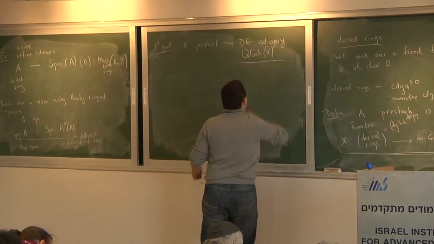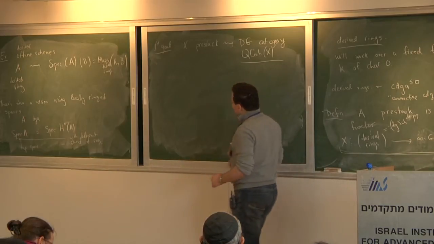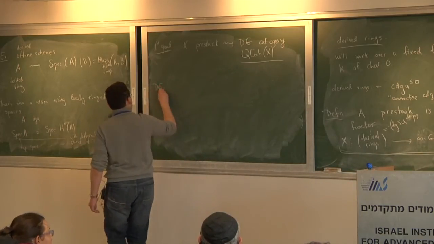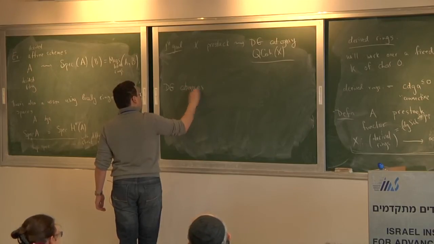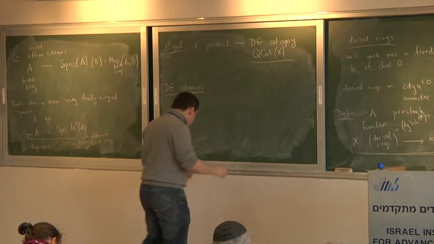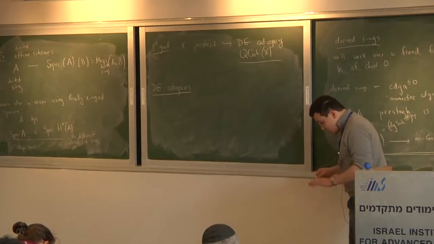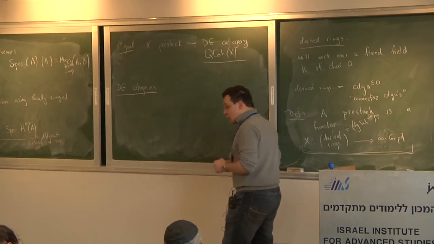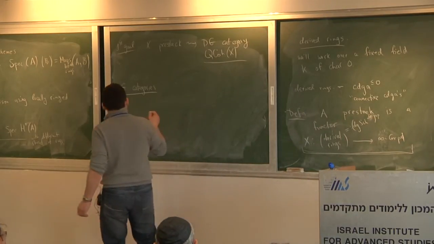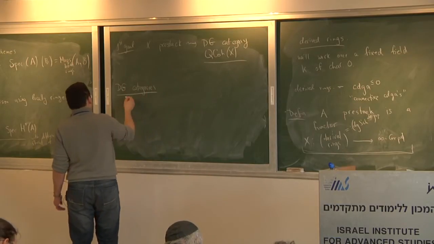Let me at least set up some notation and recall about DG categories. There are various ways of formalizing these ideas, but I don't want to really get into any of them. Just mechanically, what sort of operations exist?